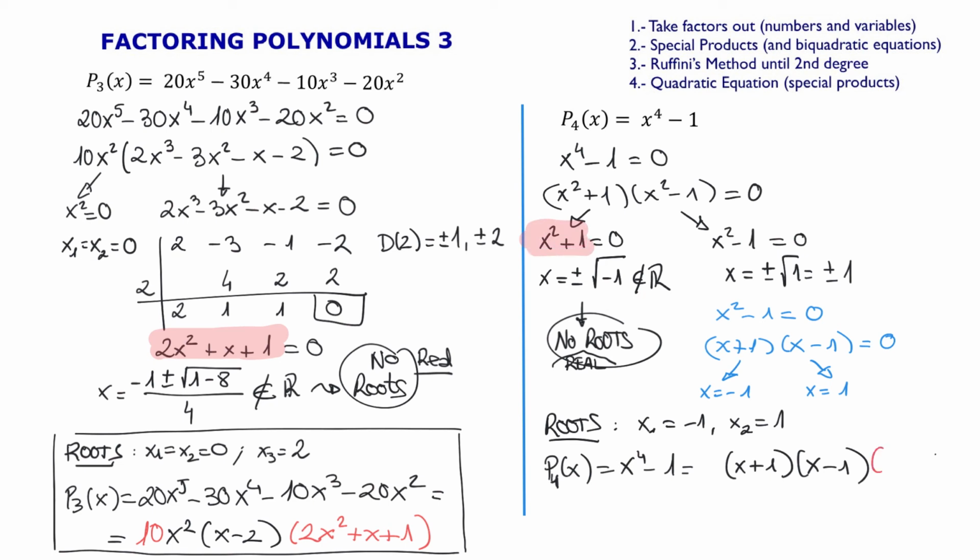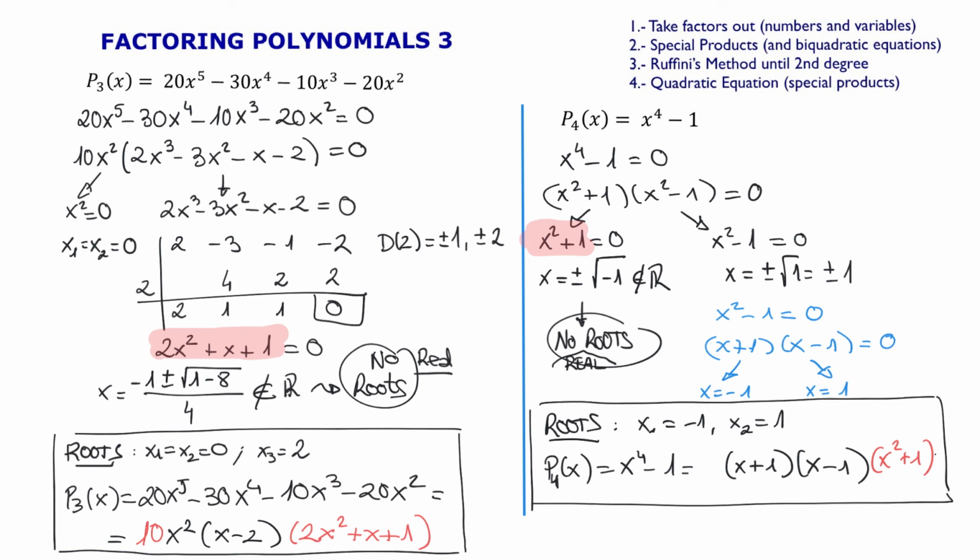So we need to add it at the end, and then when we check the product, we obtain the same degree, 1, 2, 3, 4, x to the 4th power, and also the leading coefficient, which is 1. So we're done. This is our solution. The roots and the decomposition of our polynomial.